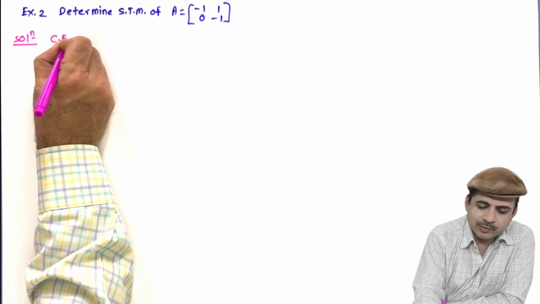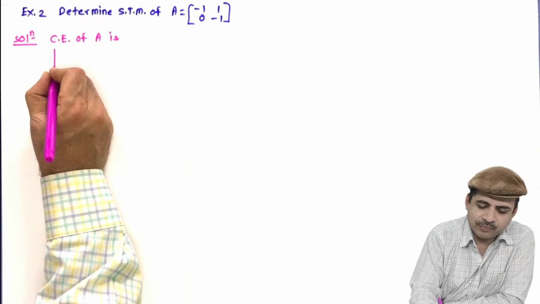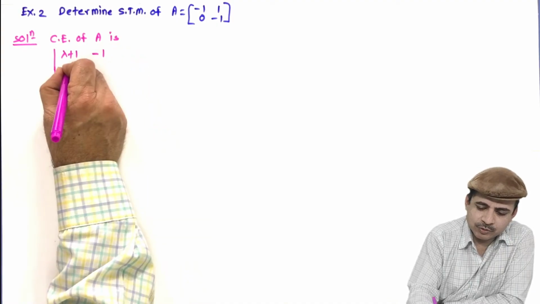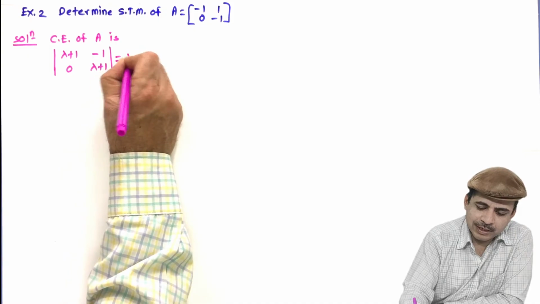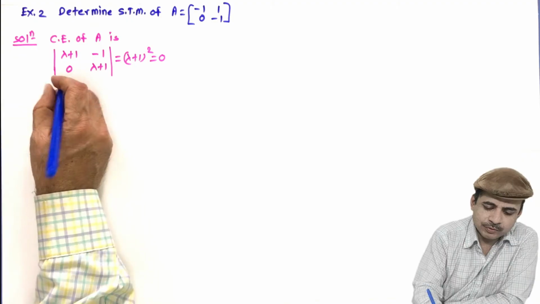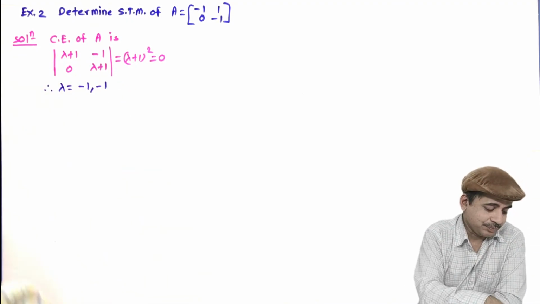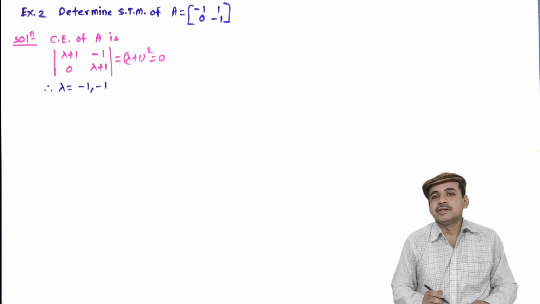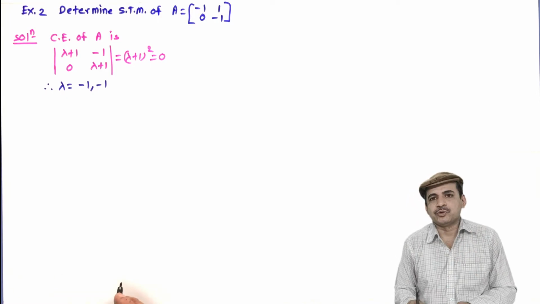The characteristic equation of A, the first step of finding eigenvalues, is (lambda plus 1) square equal to 0. So the eigenvalues are lambda equal to minus 1, minus 1. Now this is the repeated root case, so let us find the eigenvectors by the generalized eigenvector approach.